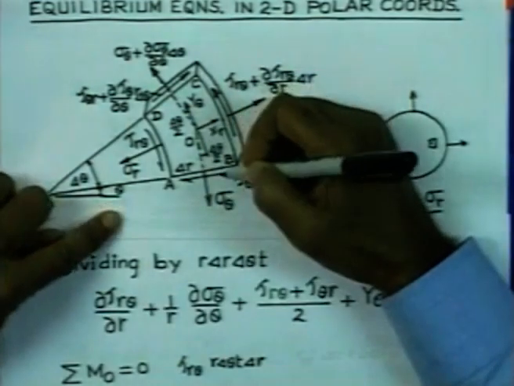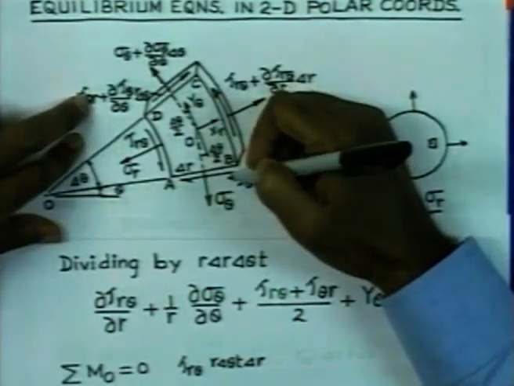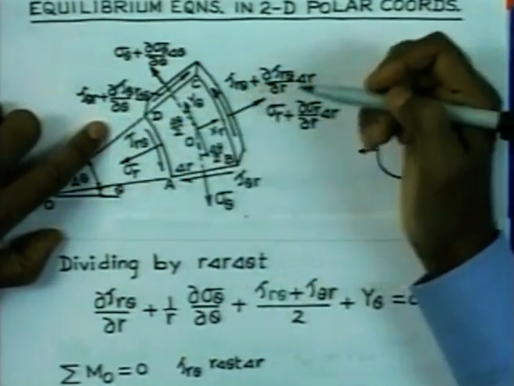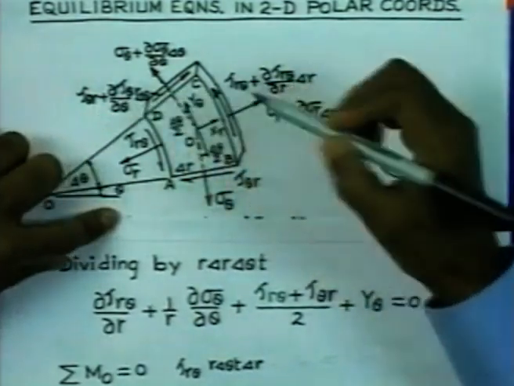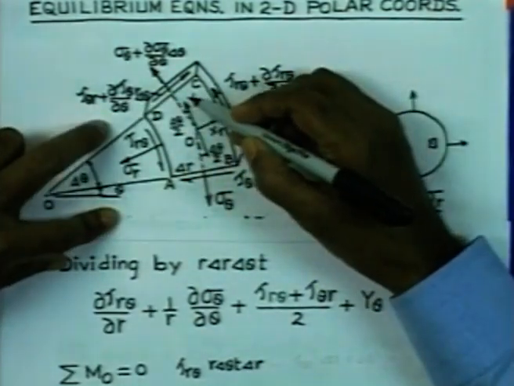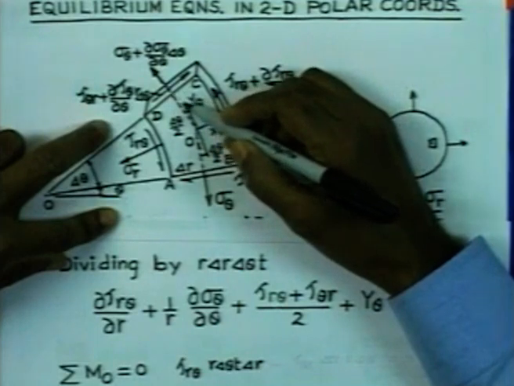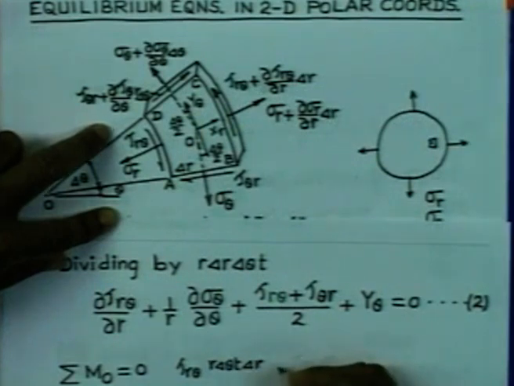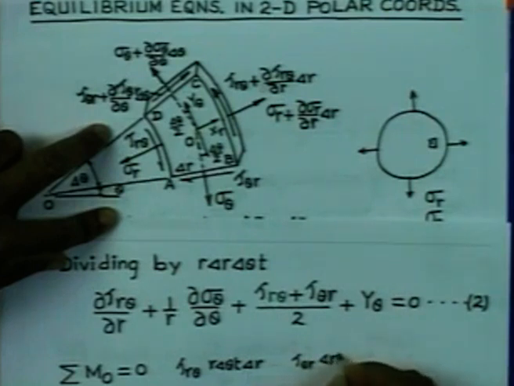Similarly, if we consider the stresses acting on these two faces, tau theta r, only neglecting this part of the increment, and if I consider the distance between the two to be r into delta theta, then we have tau theta r acting on an area of delta r into t, and the distance between the two faces we approximate by r into delta theta, and this moment is acting in the clockwise direction.